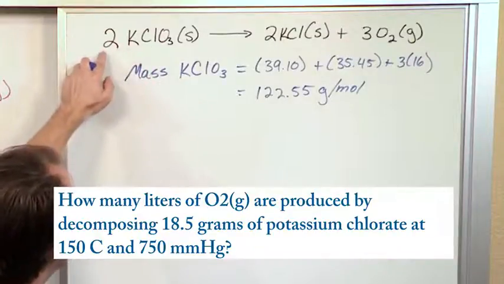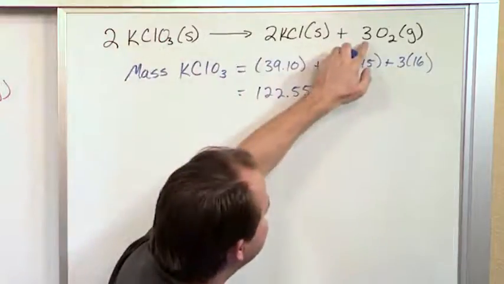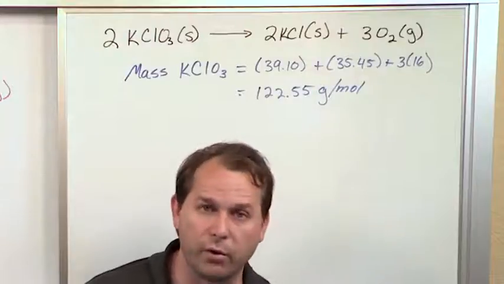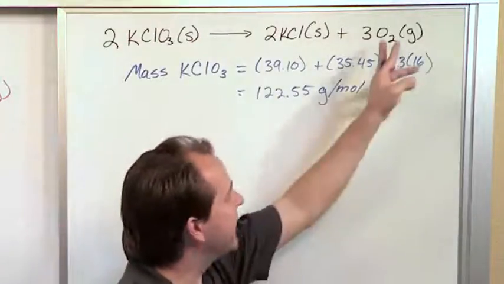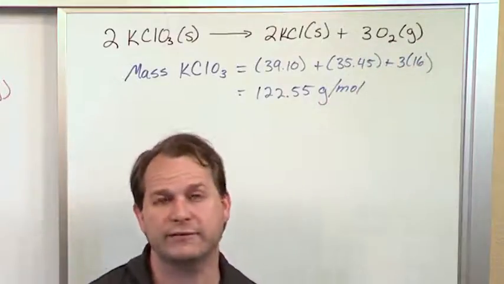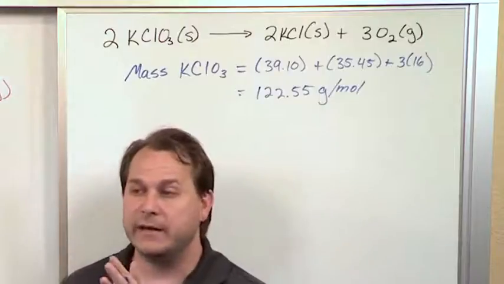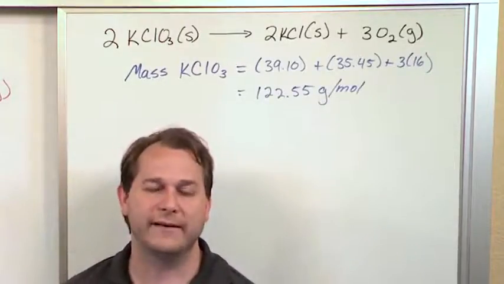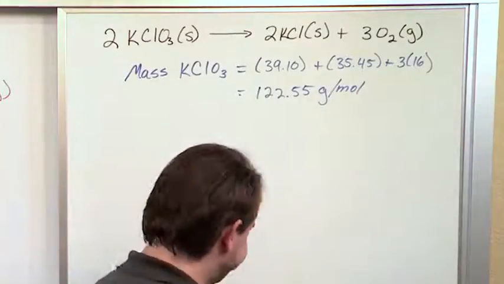And then I know that 2 moles of this is required to evolve 3 moles of oxygen gas, not liters, moles, because these coefficients are always molar ratios. And so then I can get to the number of moles of oxygen gas. In other words, it's asking how many liters of O2 gas. I'm not quite there yet, but at least I know how many moles. So let me at least do that much.